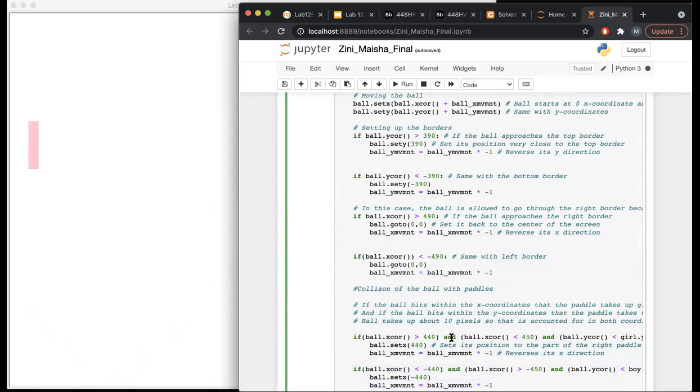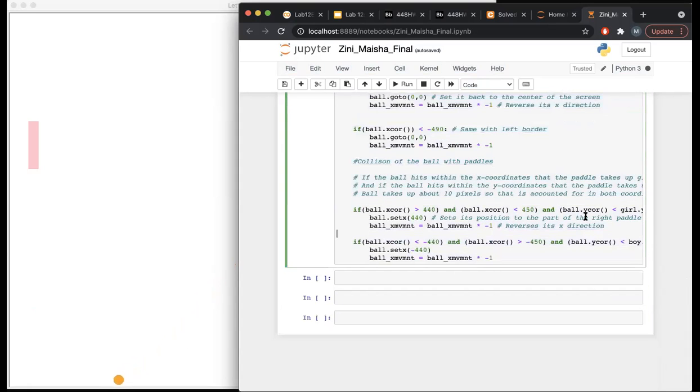So if the x coordinate of the ball is greater than 440, meaning right here, and less than 450, which is here, right? So if the ball is here, let me just go lower.